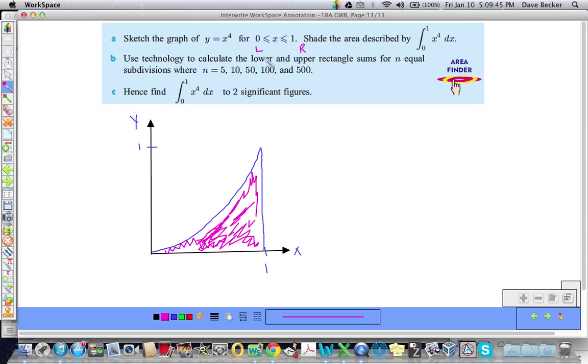Since we have to do left and right, I just want to talk about something real quick, because we had just talked mostly about the right-handed rectangles. But if I have left-handed rectangles, my first rectangle is going to be at x sub 0, or the first height, and the second rectangle is going to have a height calculated using x sub 1.